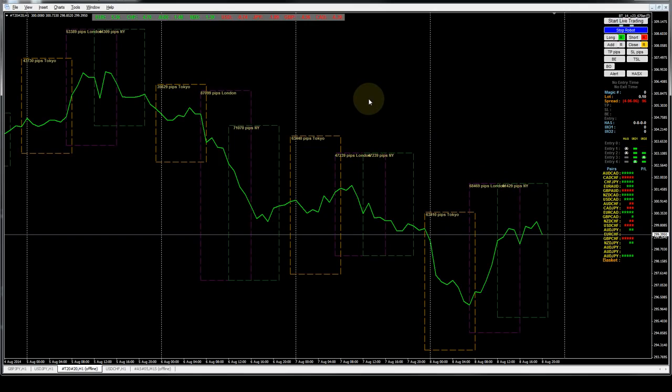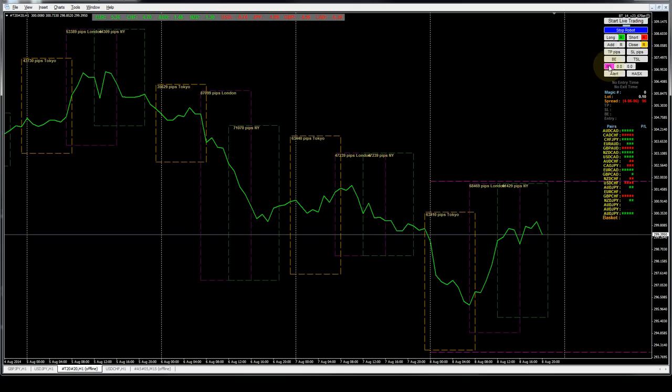Okay, now one other change I have made is when you do your breakout lines. Remember, you click on this, and normally now you got BO, which means the candle has to close above or the candle has to close below the breakout line to give a signal.